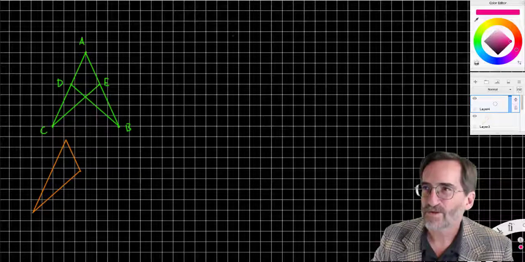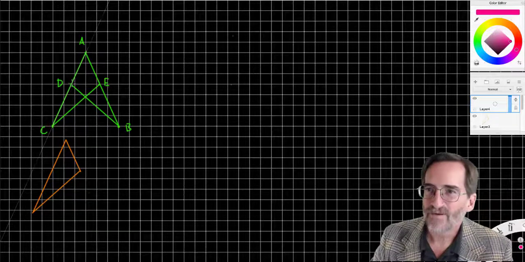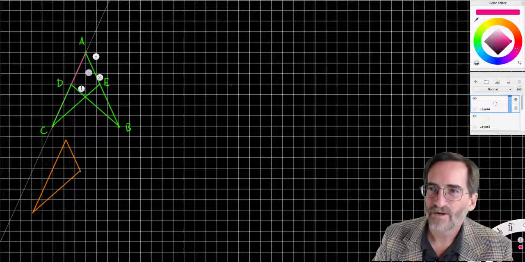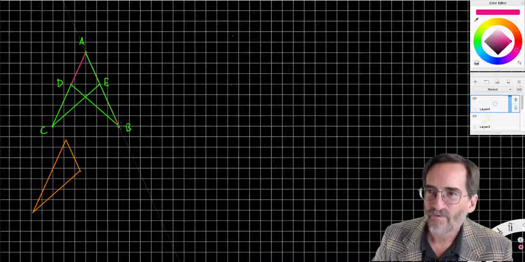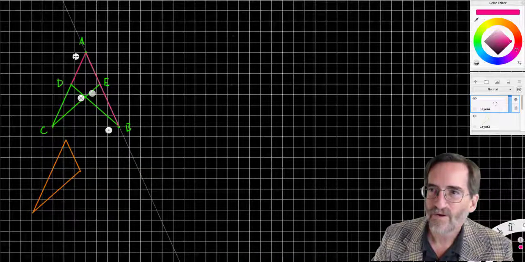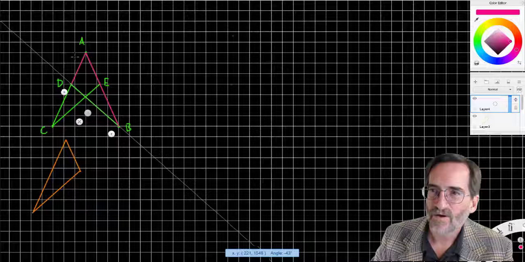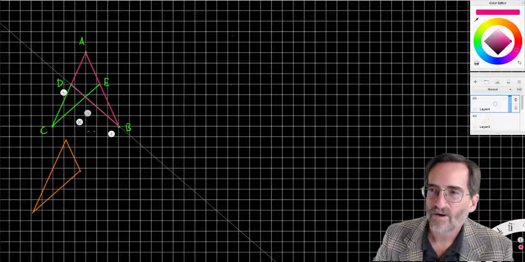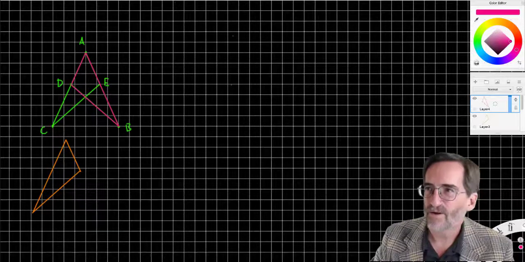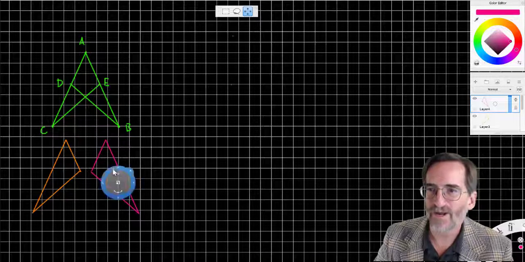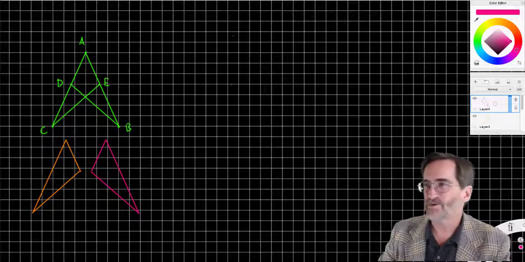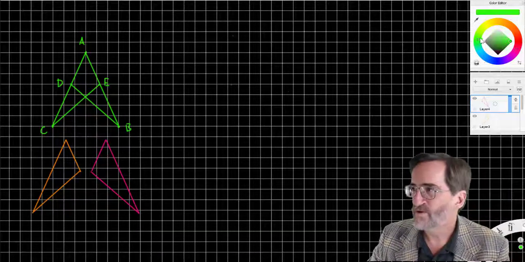Got to get used to my drawing tools. Oh, no, don't spin it. Move it. There we go. All right, now we got it. You can see the triangles are separated out, and their vertices are still the same.